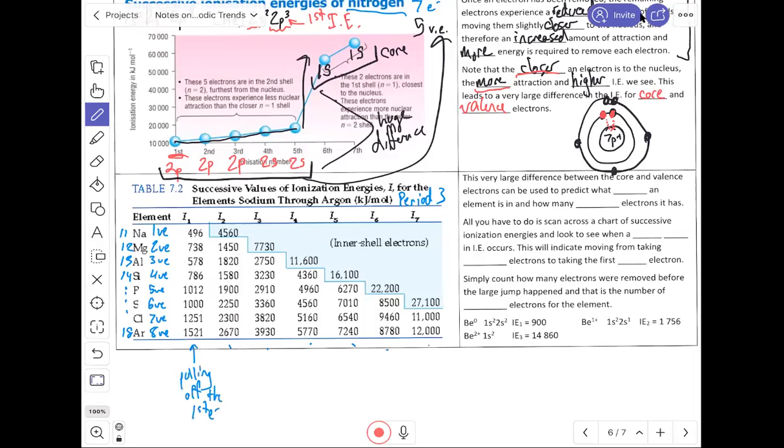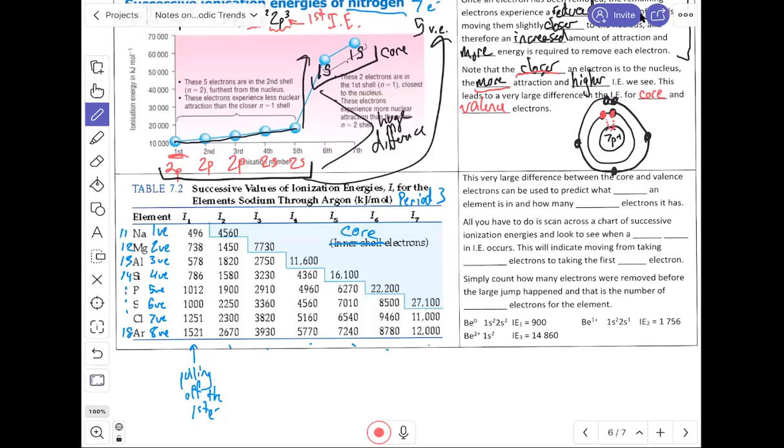When this over here in blue says inner shell electrons, that is another way of saying core. So the way to think about this is, yes, it requires energy to pluck off an electron. But once you have plucked off all of the valence electrons, you have finished peeling off the layer of the orange, and now you're into an inner layer.